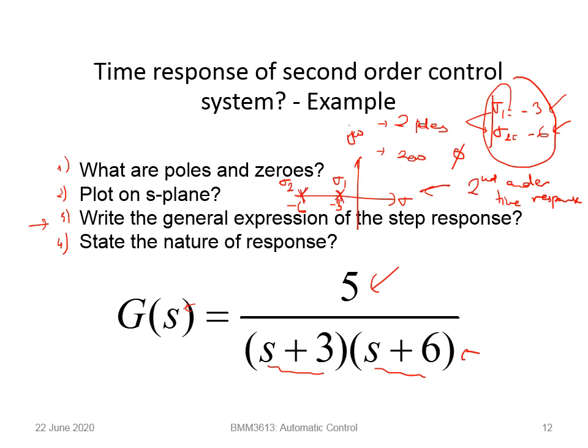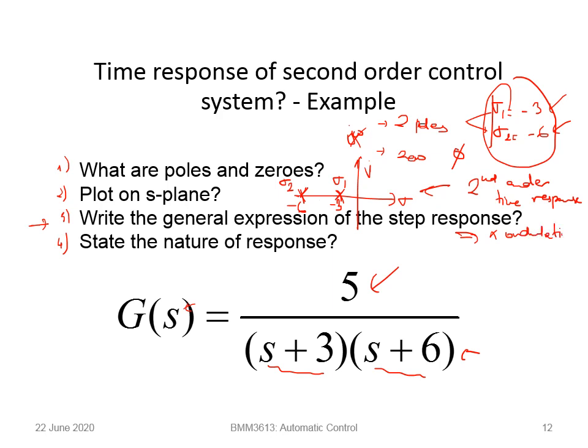two distinct real poles. If you have to guess, basically if both of them are real poles on the real axis, no j omega values, it means it has no undulation. So we know that there is no undulation.